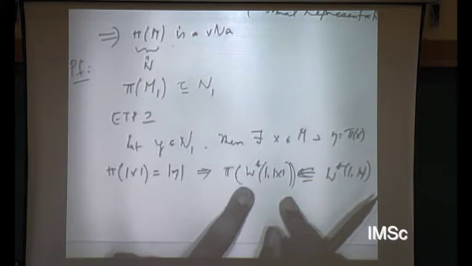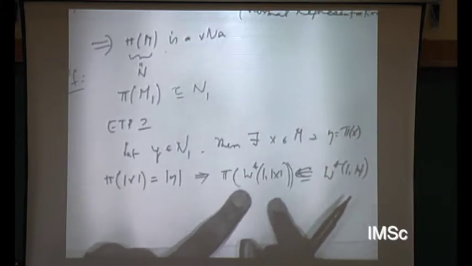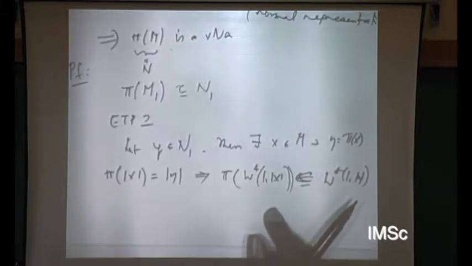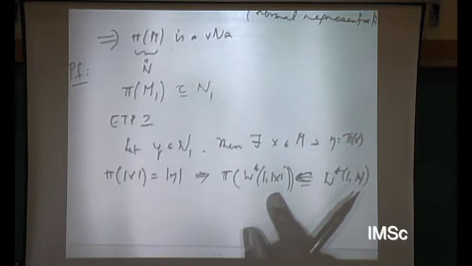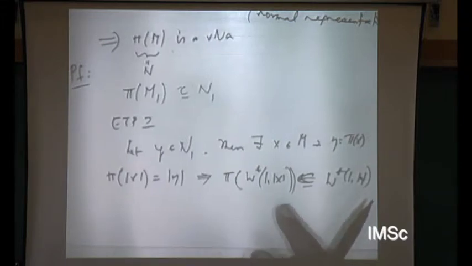So this is the point I made about C-star algebras before. If you have a representation of a C-star algebra, and the C-star algebra is singly generated, then it is completely determined by what it does on the generator. Like groups: a homomorphism on a cyclic group is completely determined by what it does on a generator.